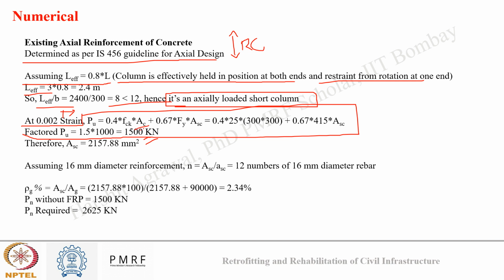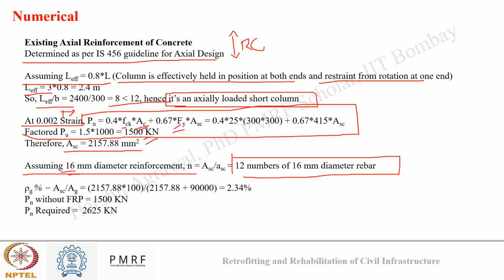We know the area of concrete, we know fck, fy, so I can calculate Asc, the area of steel under compression. Once I know the total area of steel that I need, I can design for the diameter that I require. Assuming I am using 16 dia bar, I will be requiring 12 numbers of 16 dia bar so that I can fulfill this condition.